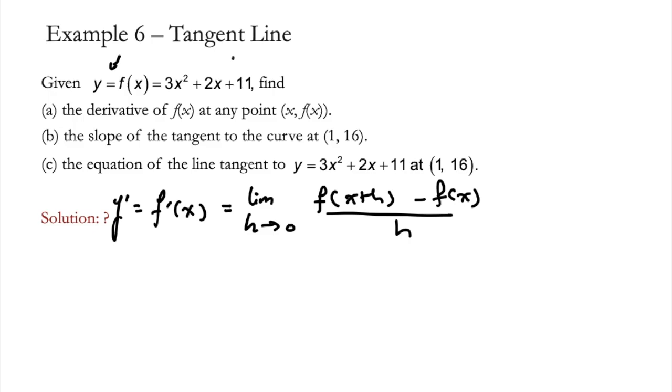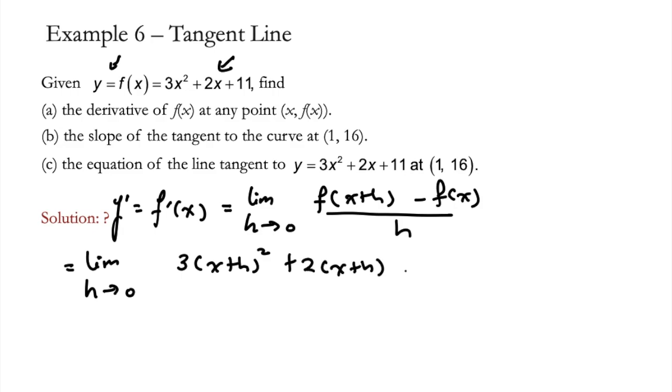So how do we write it specifically using this function? I continue here, equivalent to the limit as h approaches 0. f(x plus h) is basically, look here carefully, 3 times (x plus h) squared. So 3x squared becomes 3 in brackets (x plus h) squared, plus 2x becomes 2 times (x plus h), plus 11.